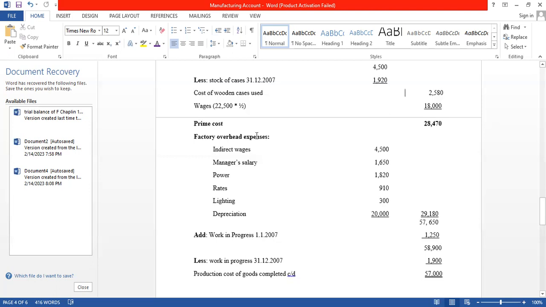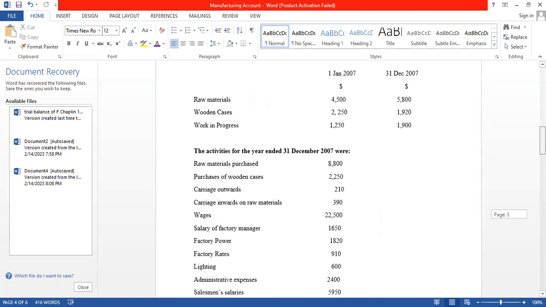The fourth thing they told us to find is factory overhead expenses. Now, all of these are expenses: indirect wages, manager's salary, power rates, lighting, depreciation. And where we got all these figures from, again, it's in the question. See, lighting, $600, admin expenses, $2,400, factory rates, $910, factory power, $1,820, salary of factory manager, $1,650.